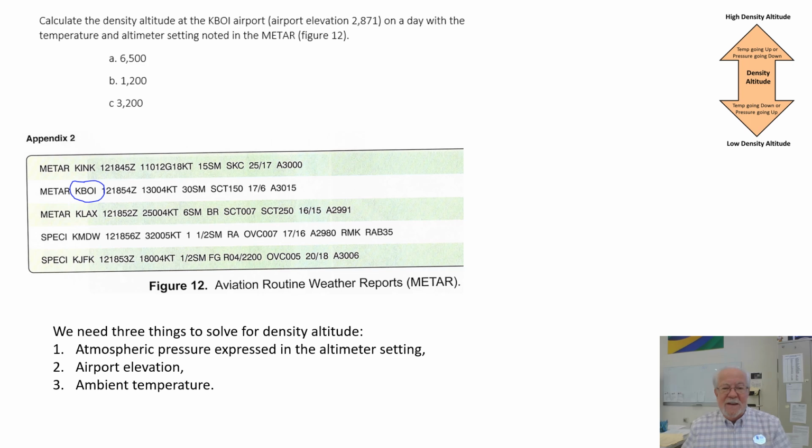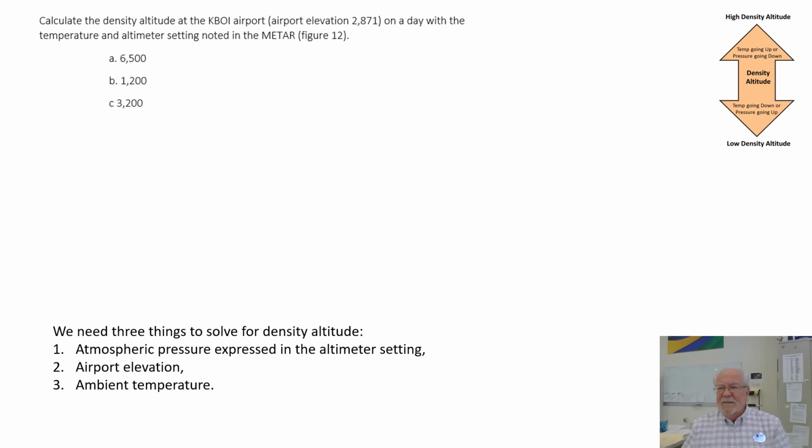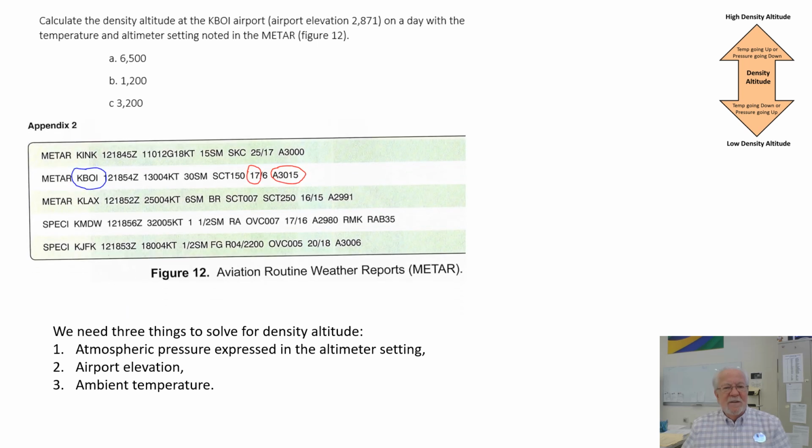Scattered clouds at 15,000, 17 degrees C, 6 degrees for a dew point, and altimeter 3015. Great. So we have those things, right? I've circled them there. 17 degrees, 3015. So that's the two things we need, and also the question gives us the airport elevation. So those are the three things we need.